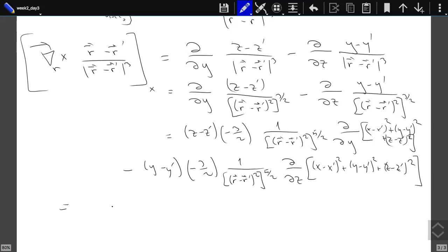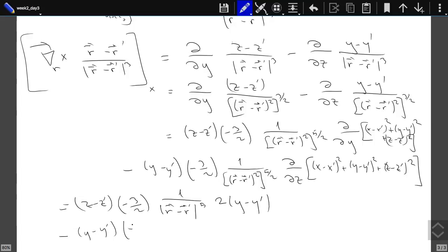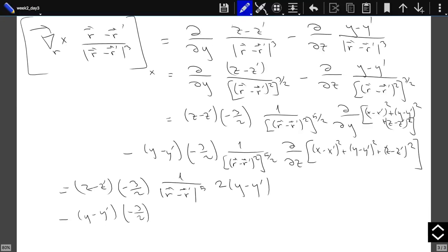Almost the last step: z minus z prime times minus 3/2 times 1 over |r minus r prime| to the power 5, multiplied by, if I take the derivative with respect to y, I get twice y minus y prime, minus y minus y prime, minus 3/2 times 1 over |r minus r prime| to the 5th power.